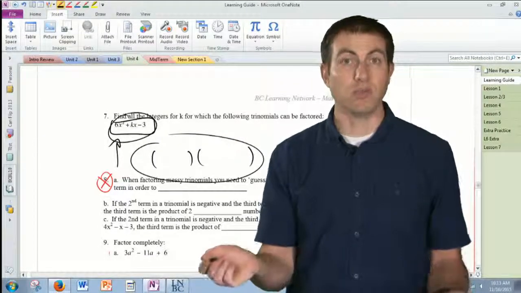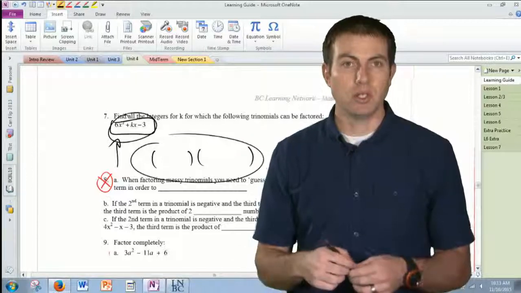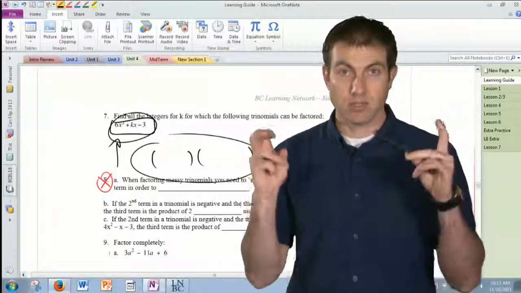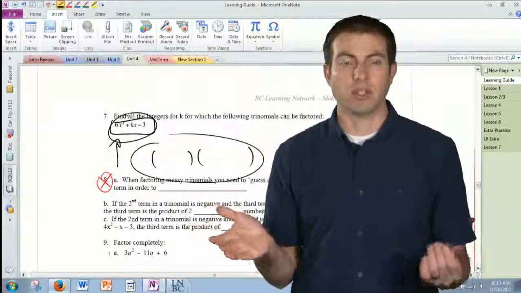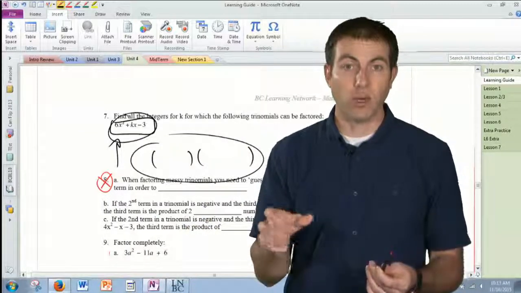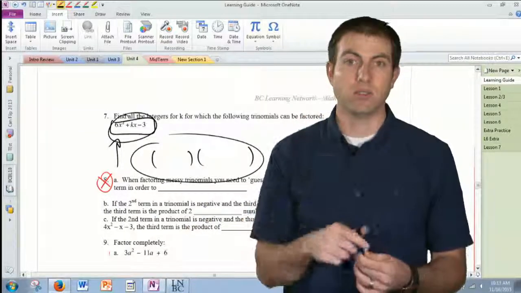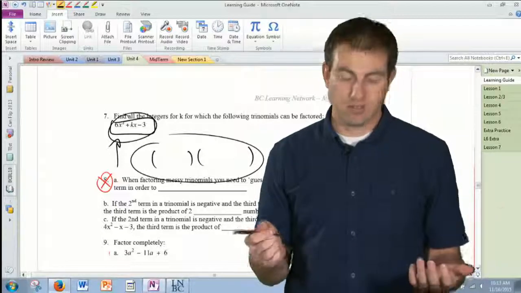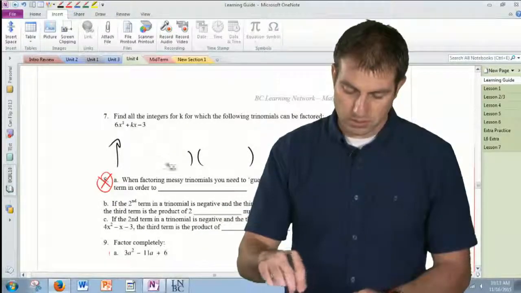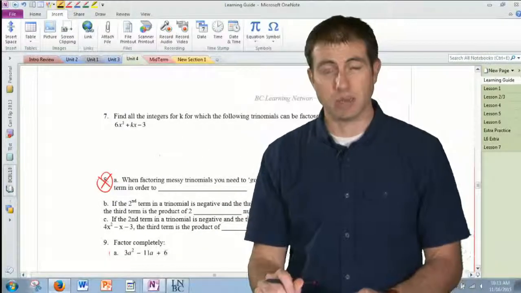You might have to do four times as much work, but you can essentially learn how to factor without knowing how to factor at all. If you can expand, if you can FOIL two binomials to get back to the question, then you can probably figure out how to do these types of questions.